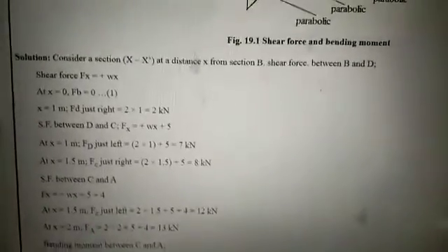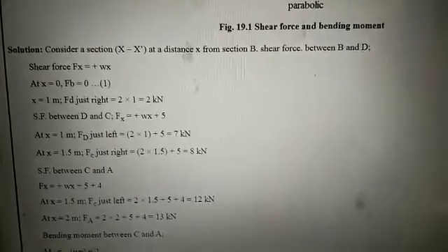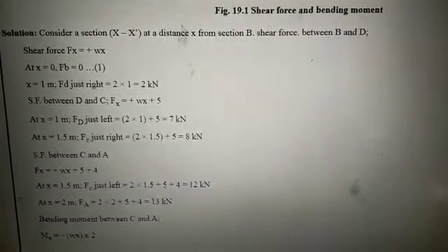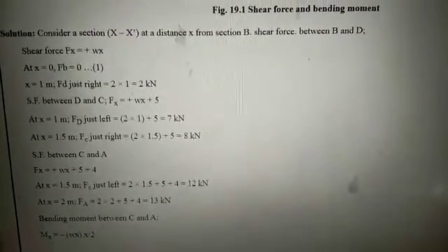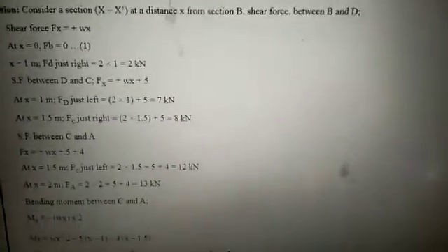As we have seen above in the diagram, some section XX is considered at a distance small x from the section B. Now we have to find out the shear force between B and D.